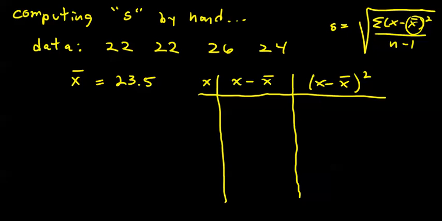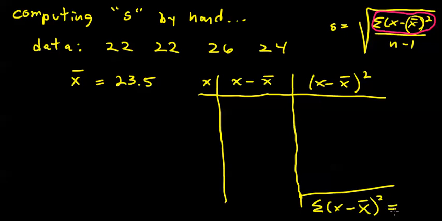Notice the numerator of this fraction under that root sign is going to be the sum of this third column. So that's where we're headed in this table, is to get a value for the sum of that third column.